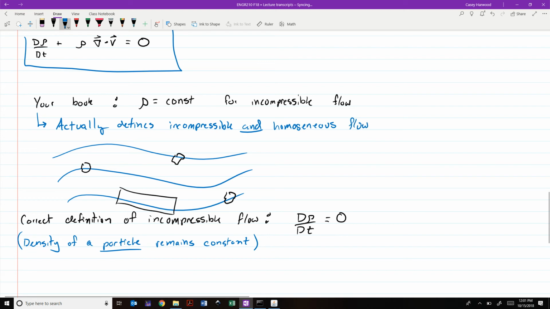In other words, saying that the fluid is incompressible and it's the same everywhere. I understand why they chose to simplify it, but I think it's an important distinction to make.